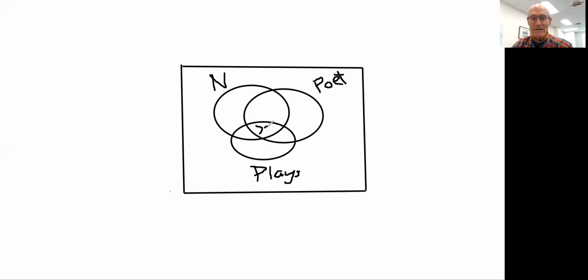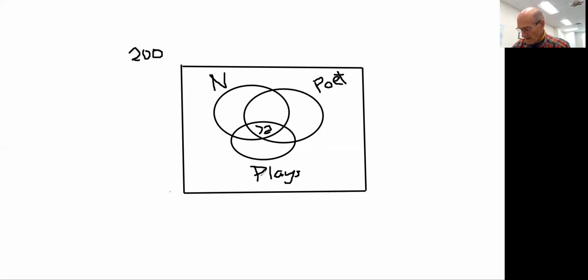And what that tells us is that of the 200 people that we surveyed, 200 is our total population, 72 of them say they like poetry and plays and novels. They like all 3. That's why they're in the middle. They're in the novel circle, they're in the poetry circle, and they're in the play circle.